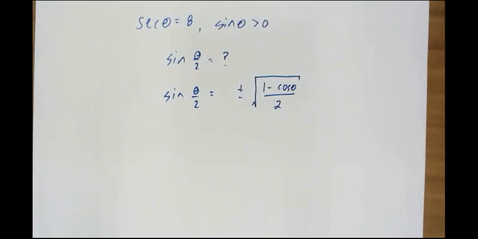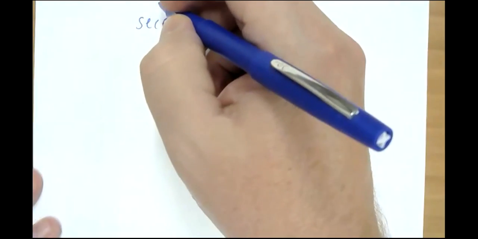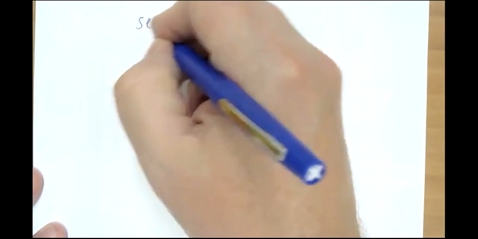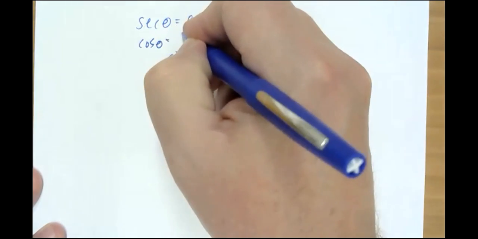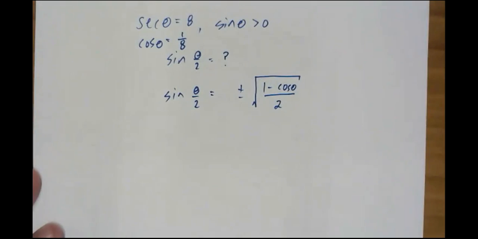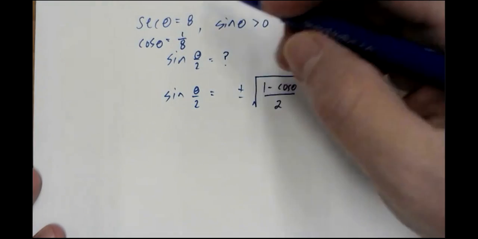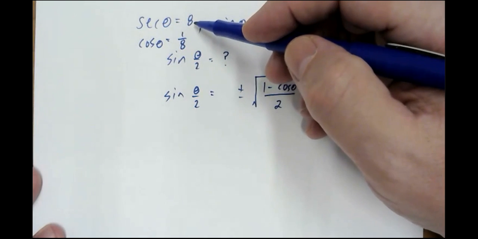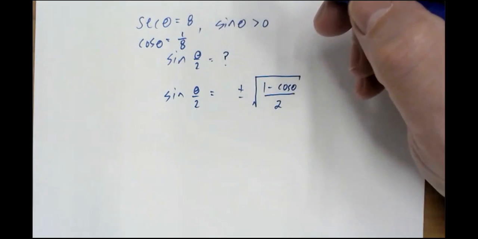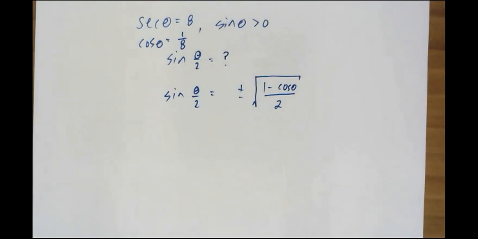Now, first of all, I don't normally work with secant, but I know secant gets grouped with cosine. So if the secant of theta is 8, I know the cosine is the reciprocal of this. You can think of this as 8 over 1, so the reciprocal means you flip the top and the bottom. So basically, I have cosine of theta equals 1/8.